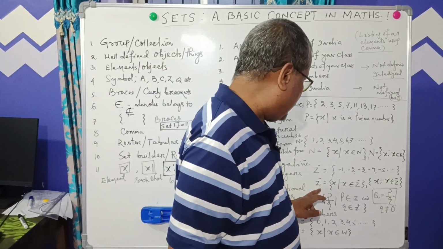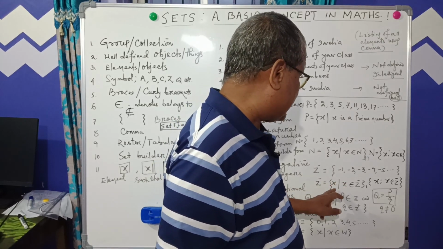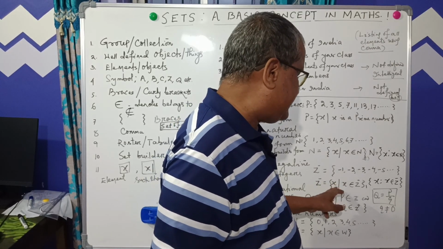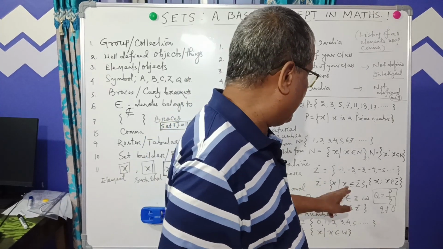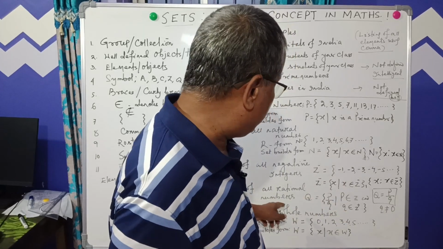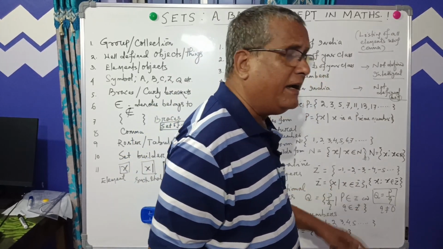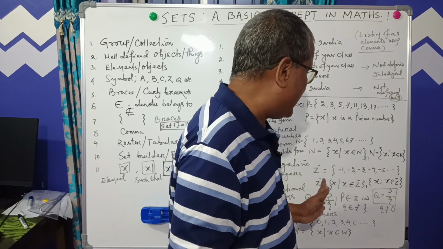In the set builder method, Z minus is equal to, in curly brackets, x such that x is an element of Z, x belongs to Z minus. Z minus means the set of negative integers. It may be -2, -3, -4, -5, whatever it may be.